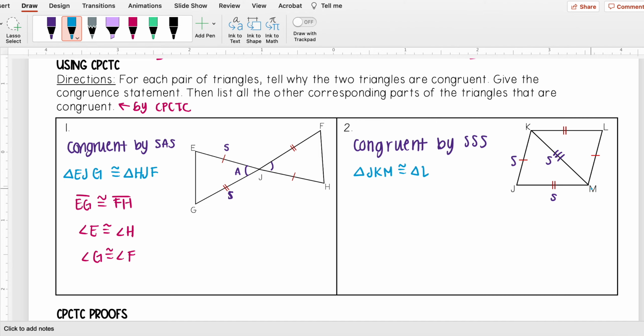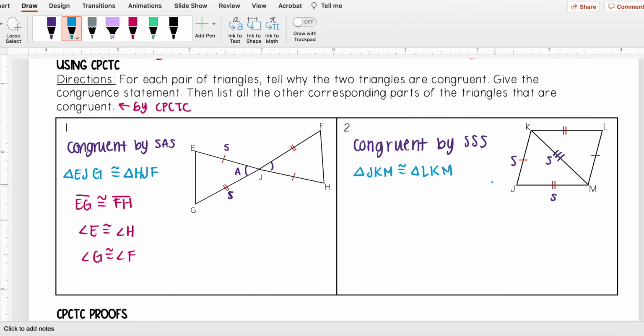And then I see that M is between the 2 and the 3 tick mark. So the one that's also between the 2 and the 3 tick mark is K for my second triangle. And then that just leaves M.